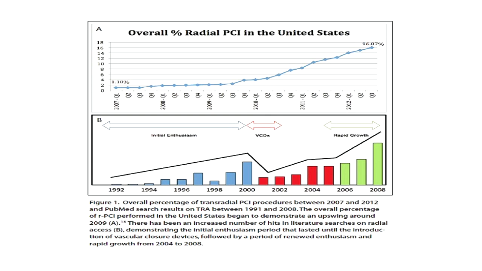If you look back, radial artery access was actually initially started back in 1992. And there was a vast increase in it with the initial enthusiasm, as indicated on the lower graph right there, until around 2000. And then it dropped off all of a sudden. The reasoning behind that was, at that time, vascular closure devices were introduced.